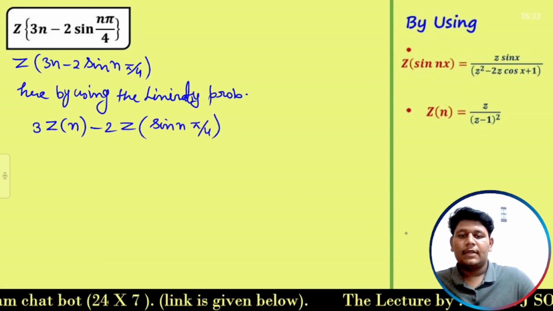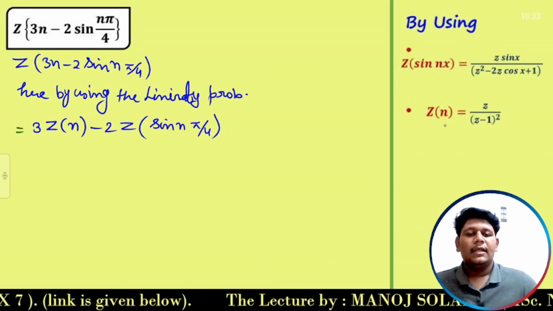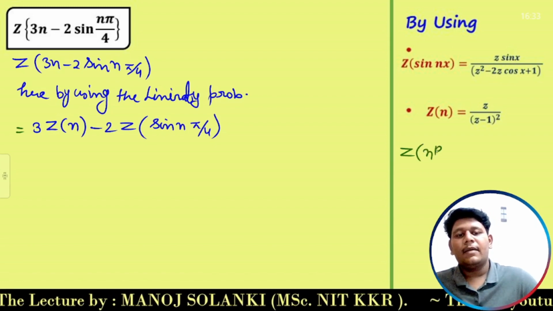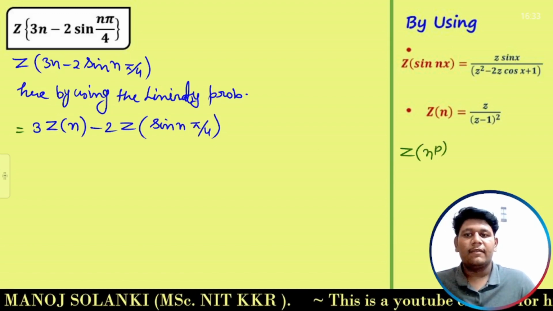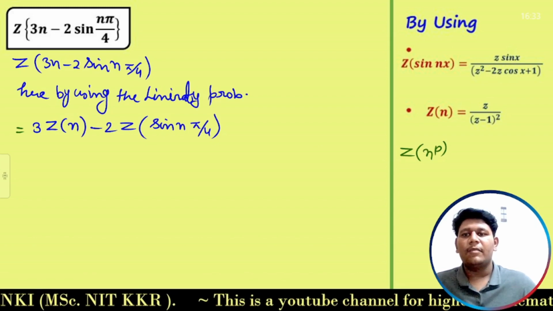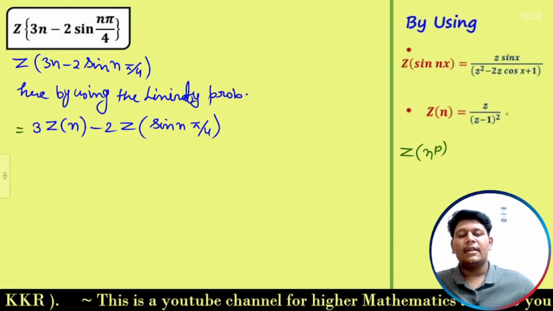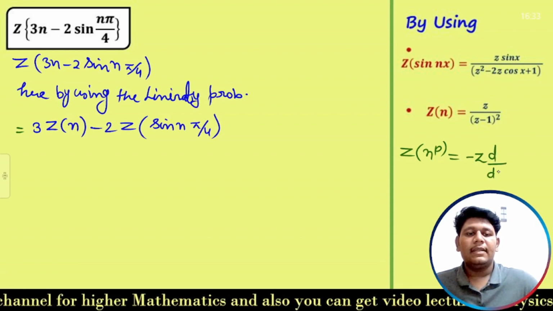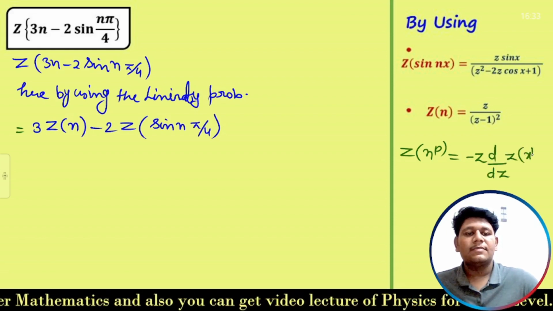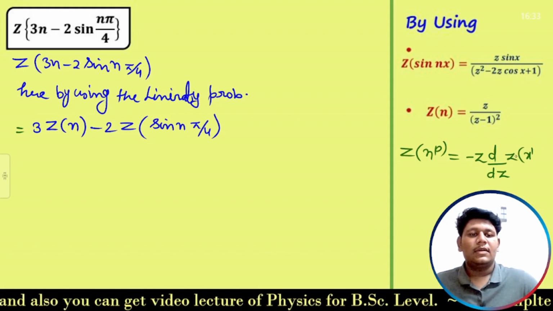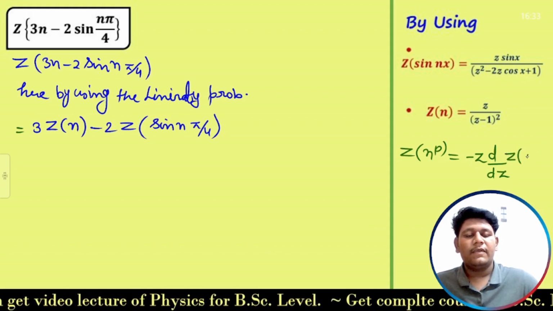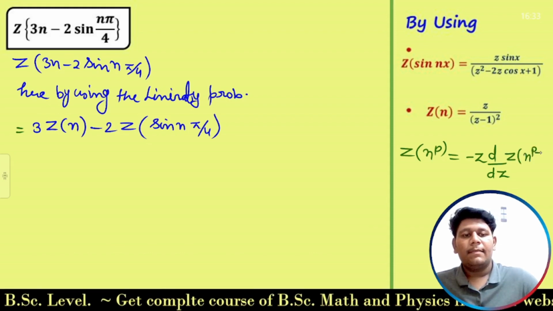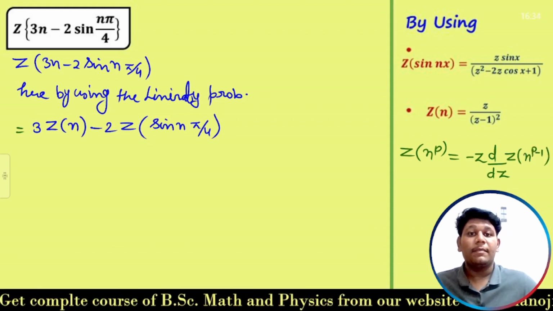Now there is a general formula: if you have n to the power p, then z transform of n to the power p is minus z d by dz of the z transform of n to the power p minus 1.